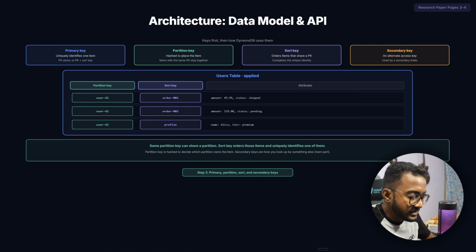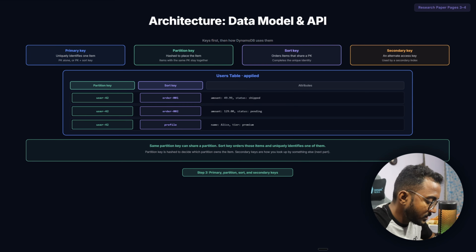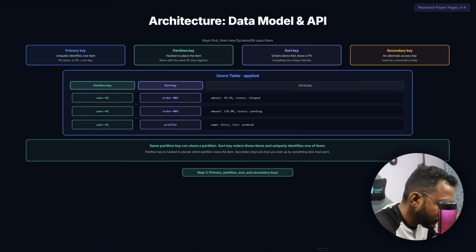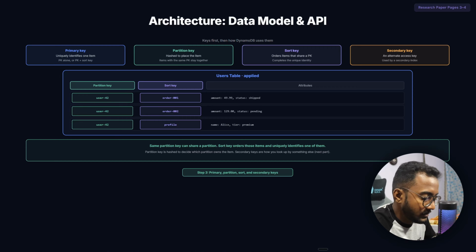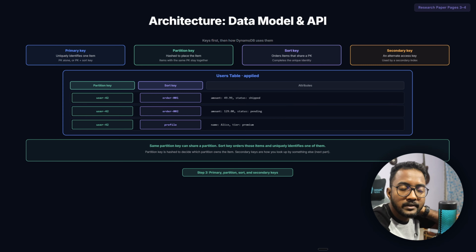Now there is again the partition key, which is basically the same thing that I said. The primary key is hashed to generate the partition key, and items with the same primary key, or basically the partition key, stay together. Then there is the sort key. If there are multiple rows within the same primary key, how will we decide what the sorting order should be?